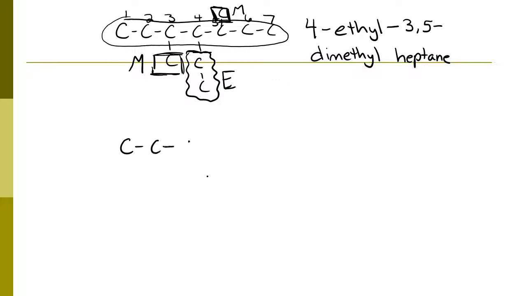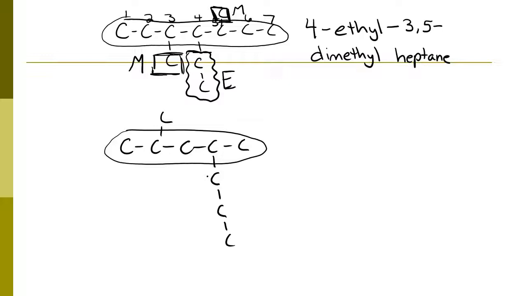All right, so let me try another one. Okay, this one's good. Look at it just a minute and see what you can find out. First thing we're going to do, find your longest chain. Now, a lot of people would immediately say, oh, there's longest chain, but it's not in this case.